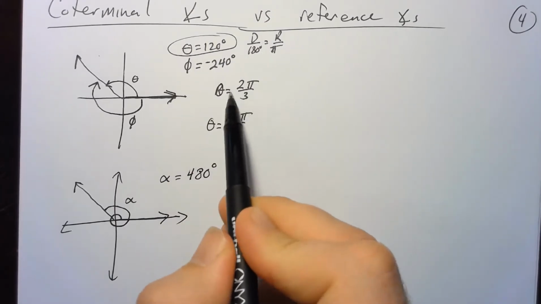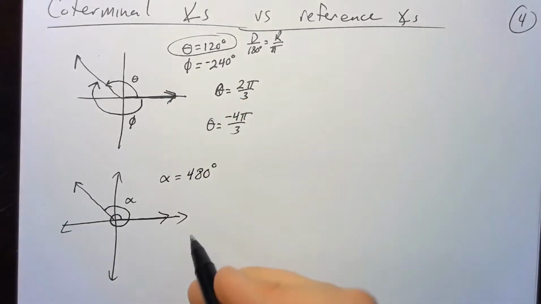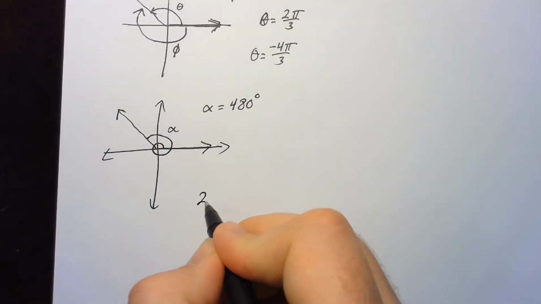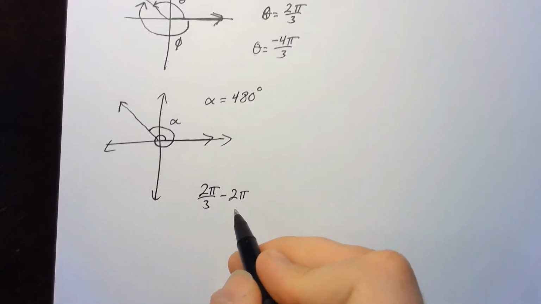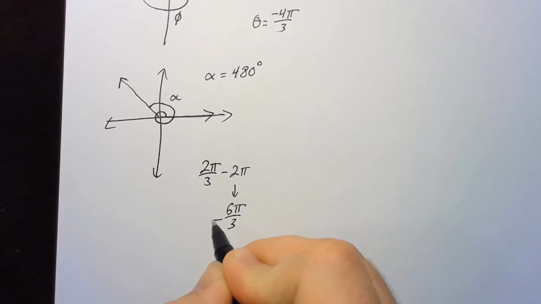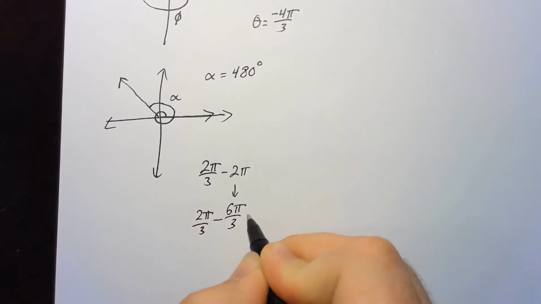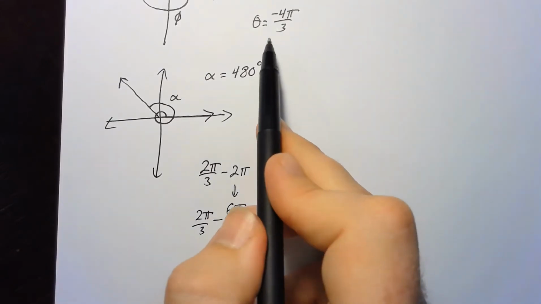I can subtract 2 pi from 2 pi over 3. If I do 2 pi over 3 minus 2 pi, I'm going to find myself a common denominator, changing this to be 6 pi over 3. And there, sure enough, I'm going to get negative 4 pi over 3, which is the value that I have right here.